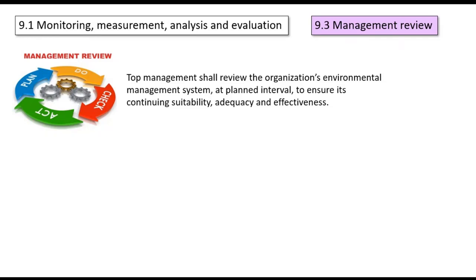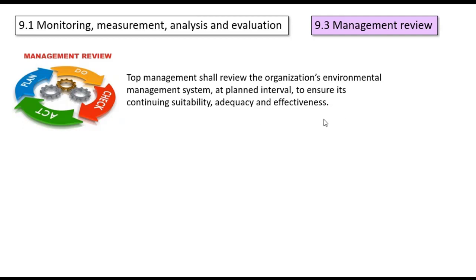The top management shall review the organization's environmental management system at planned intervals to ensure its continuing suitability, adequacy, and effectiveness. So please take note of these three words: suitability, adequacy, and effectiveness.